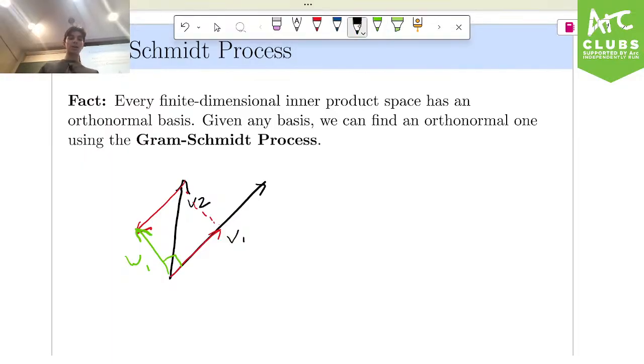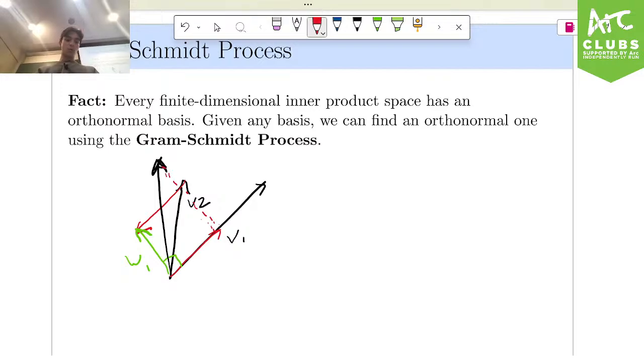And the key idea is that you can keep repeating this process, right? You can add another vector. So say we're in 3 dimensions and I add another vector that's kind of off that span. You can project this third vector onto this orthogonal set that you've already created, right?